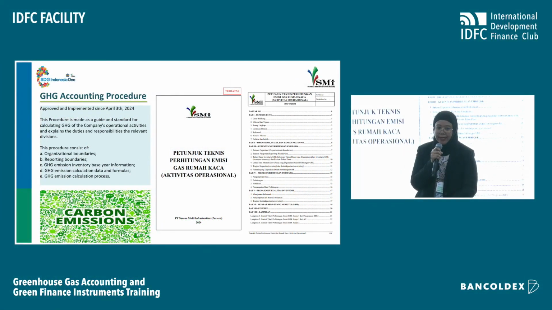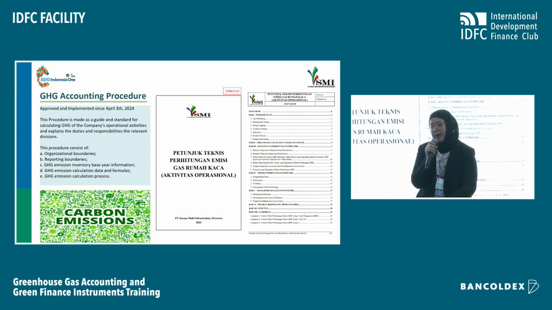This procedure is a guide and standard for calculating GHG, which consists of, first, organizational boundaries, where we define PTSMI as a control, and then reporting boundaries, so scope 1, 2, and 3.